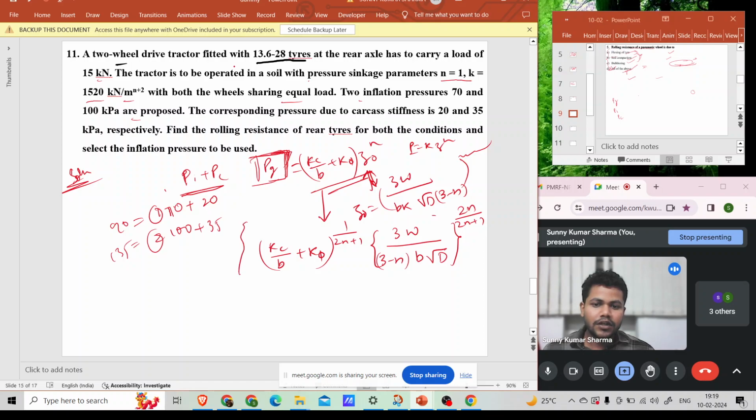This will give you the critical ground pressure. This you have to compare with PI plus PC. So first you calculate and check whether it is greater than 90 and greater than 135, or what it comes to. Kc by b plus Kphi is already given, I think. This K is nothing but Kc by b plus Kphi, meaning 1520, you directly write here.